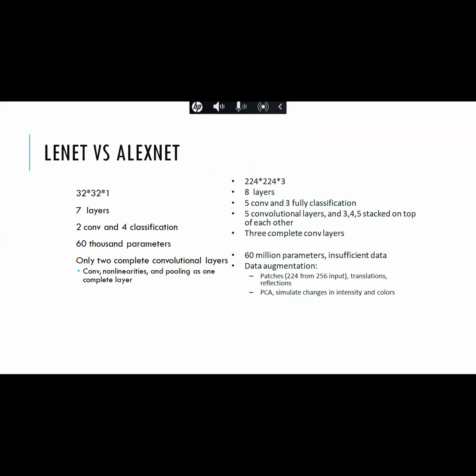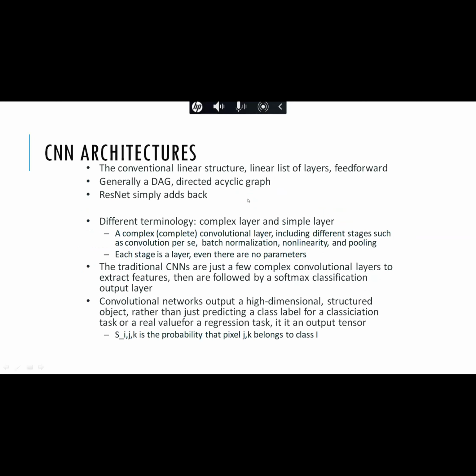LeNet has an input of 32 by 32 by 1, and AlexNet has 224 by 224 by 3. LeNet has 7 layers, while AlexNet has 8 layers, and these are the various comparisons. So you can see then the CNN architecture.